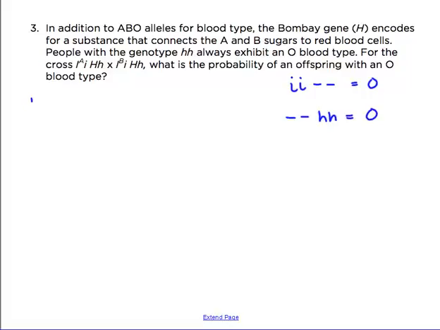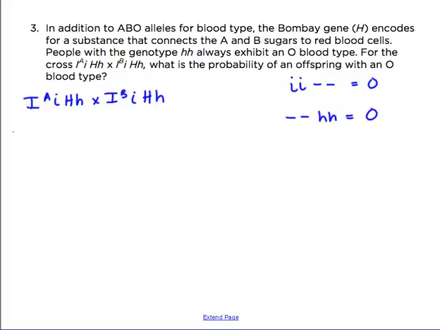Now let's look at the cross. It's big IA, little i, big H, little h, times big IB, little i, big H, little h. Now let's do the simplified line method that we've shown before. So when you're crossing big IA, little i, times big IB, little i, you have a 1:1:1:1 chance of all four blood types.